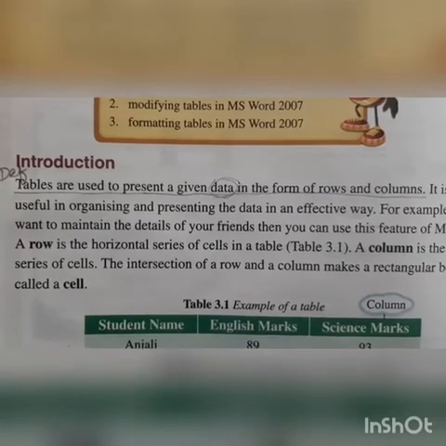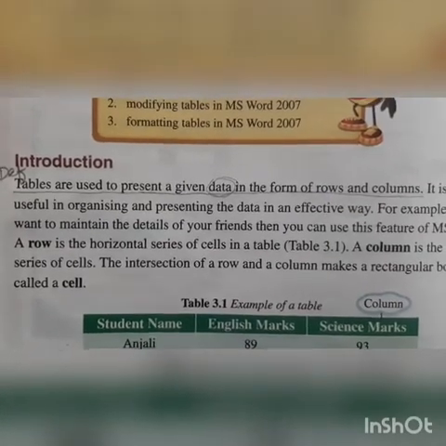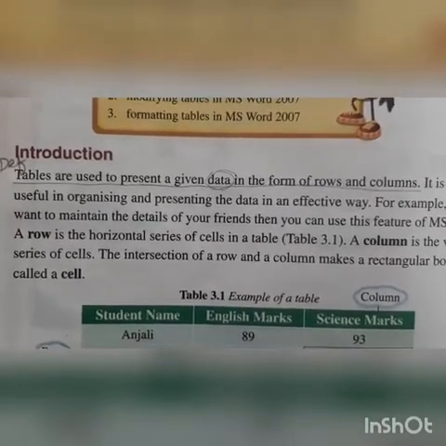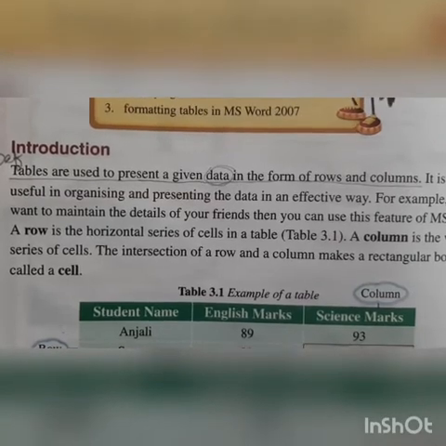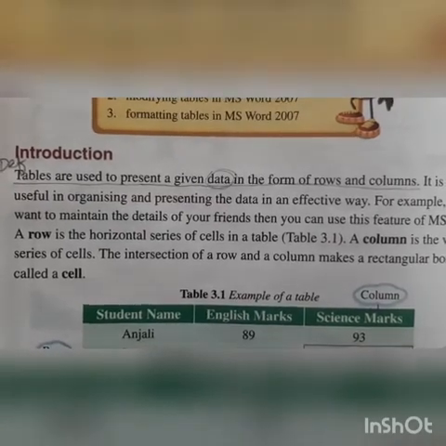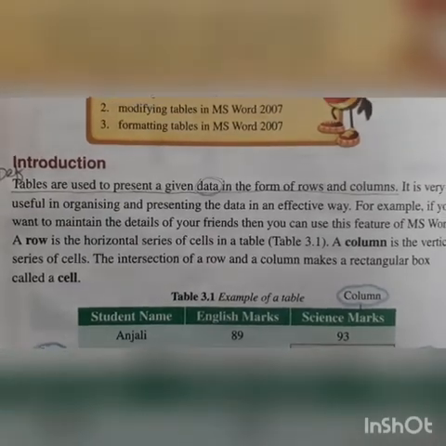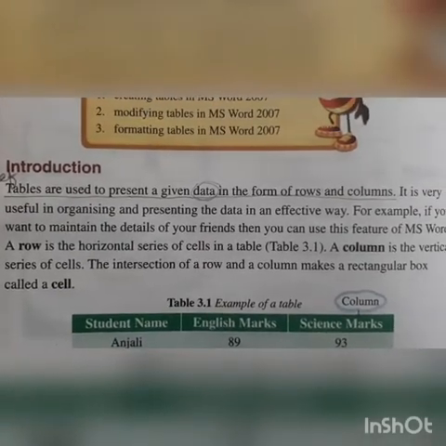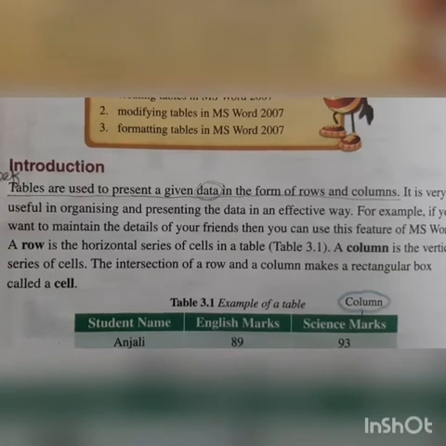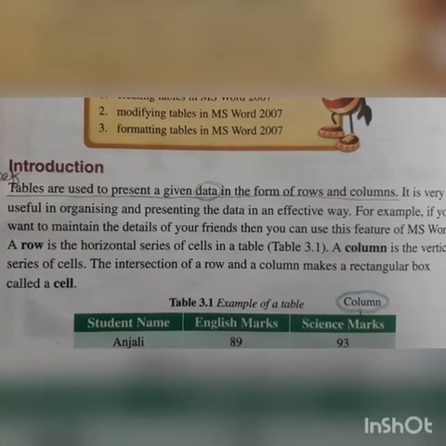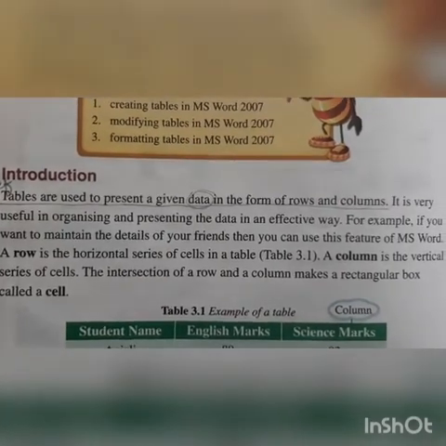We use tables so that we can organize and present our data in an easy way that is useful to us. For example, if you want to maintain the details of your friends, then you can use this feature of MS Word.